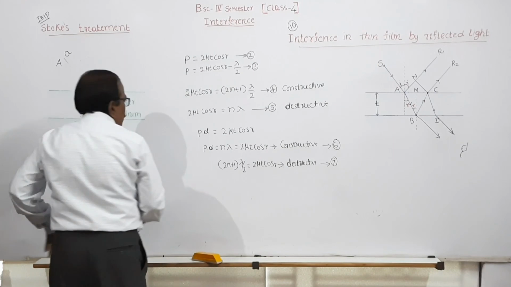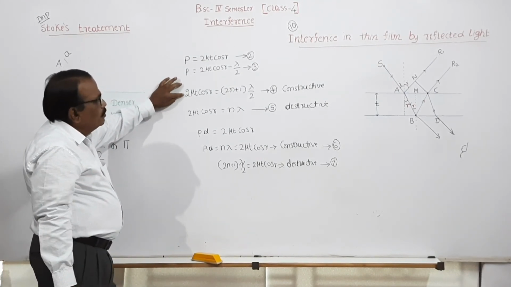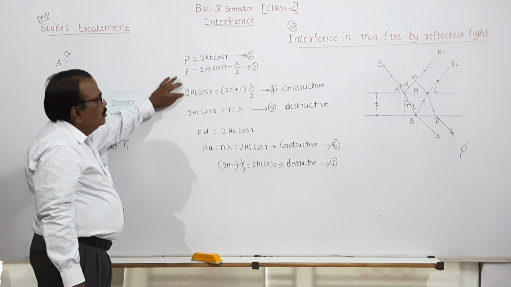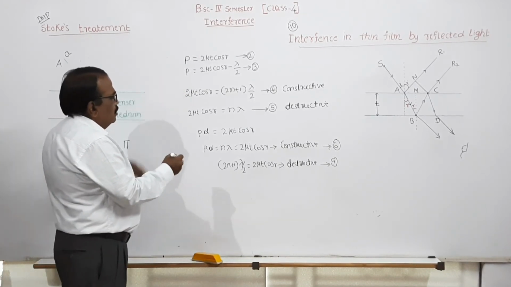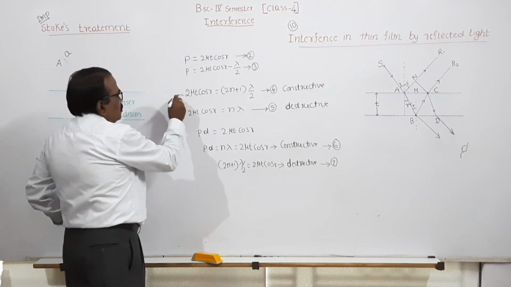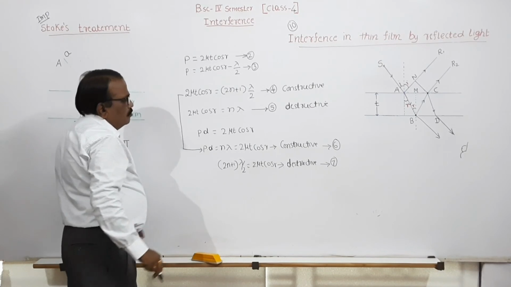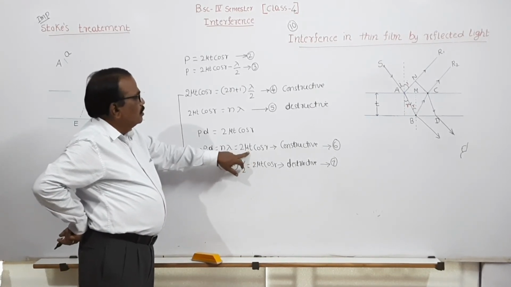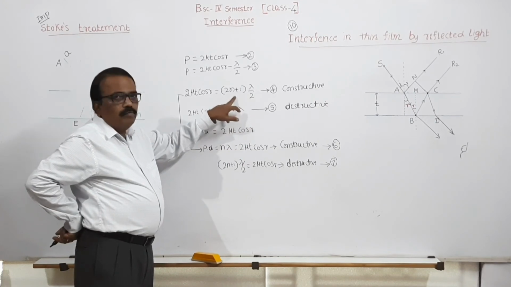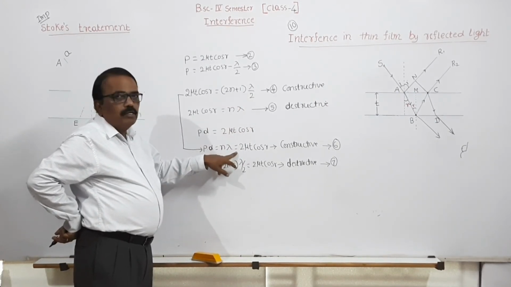Observe these equations. Equation 4 represents the condition for constructive interference. Equation 6 represents the condition for constructive interference. This is in the case of reflected system and this is in the case of transmission system.